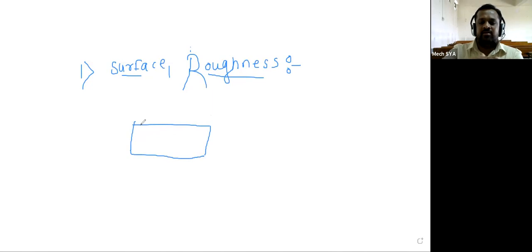Suppose the surface roughness is nothing but, for example, this is one component, and this is the surface. On that surface there are some simple irregularities like this. It is not visible to our eyes.